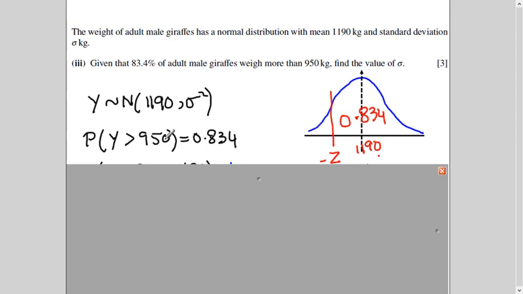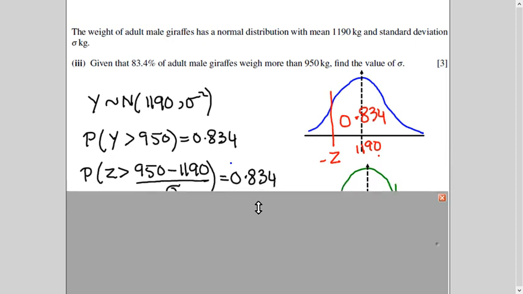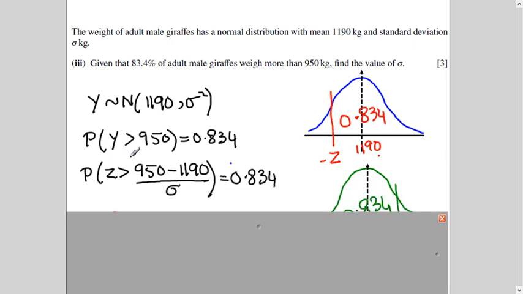And second understanding is 950 weight will come on the left hand side of 1190, right? So after that, I'm changing it into Z form because we have to read the table. Now, Y minus mu. Mu is this, standard deviation is this. And probability I know.